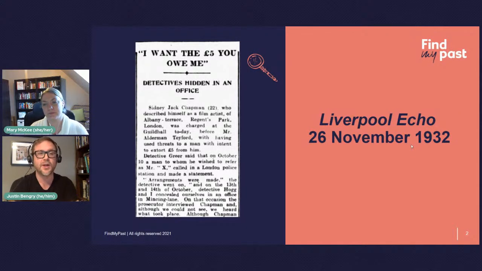Of course, the newspapers will talk about people who were masquerading as the other sex. That might not be in a family tree, but the newspapers will record that kind of crime, where someone is found to be committing a fraud by presenting in a way that doesn't align with the gender expectations placed upon them.